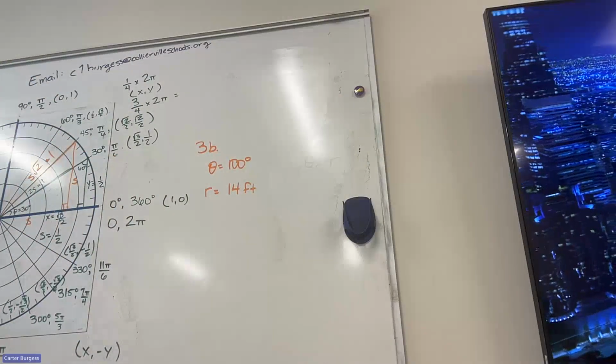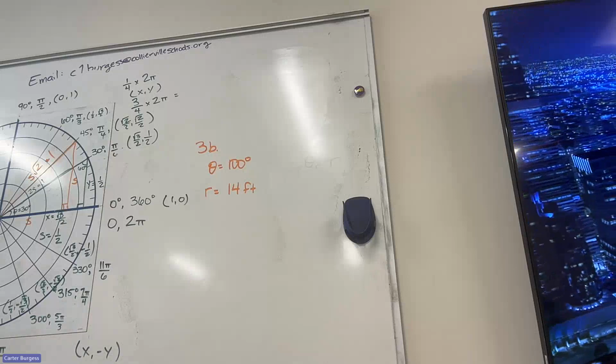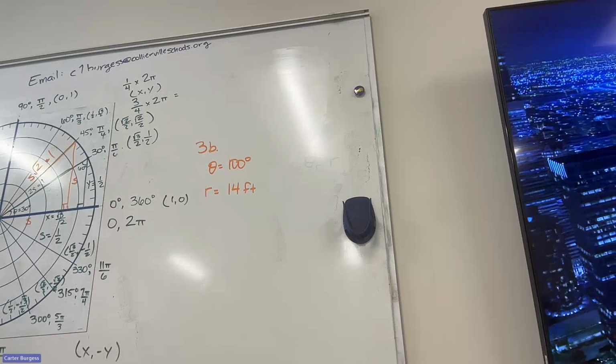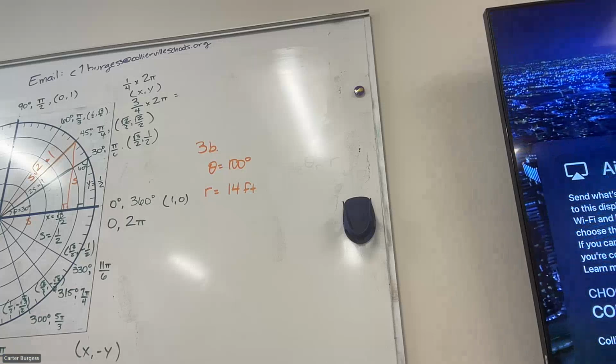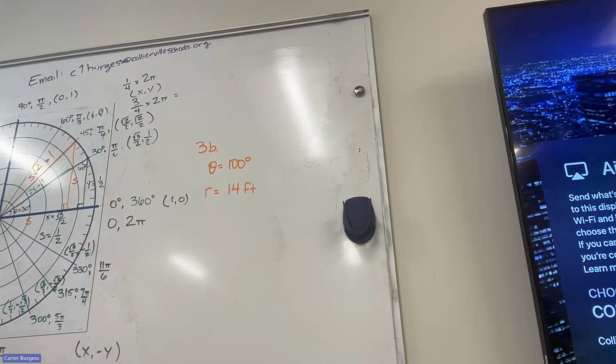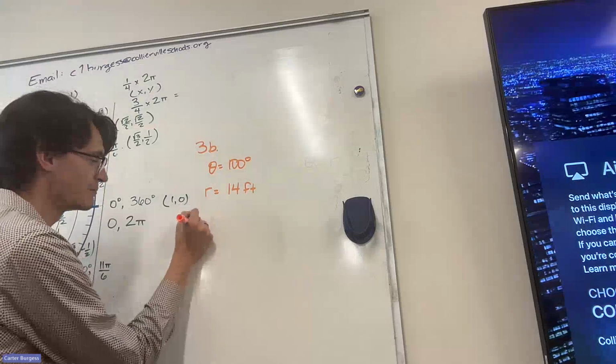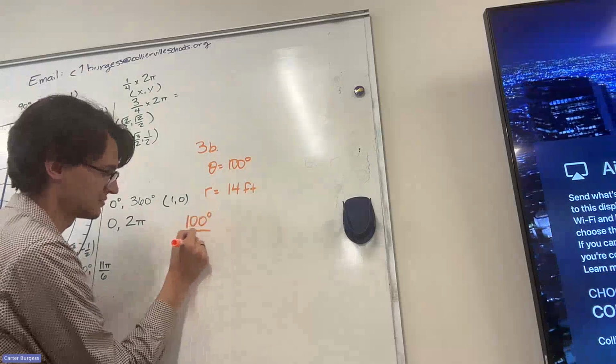Okay. So what is my recommendation for what we do first? Yeah, figure out what fraction of our circle this 100 degrees represents. Take 100 degrees and divide it by 360 degrees.